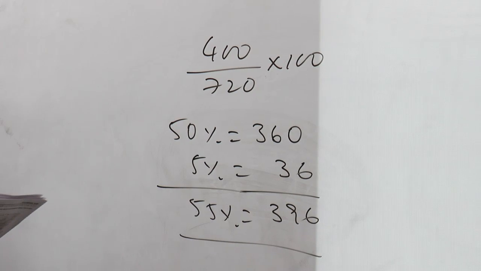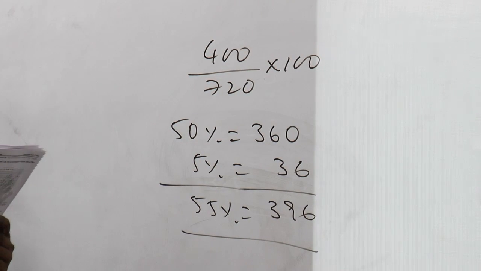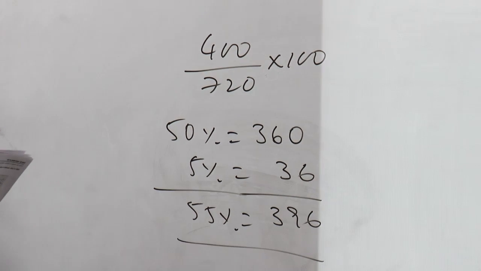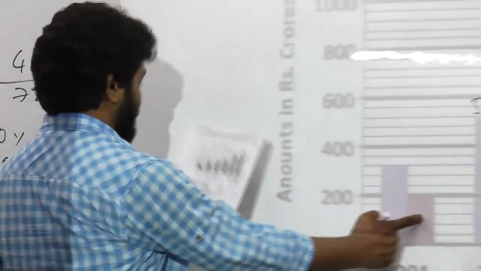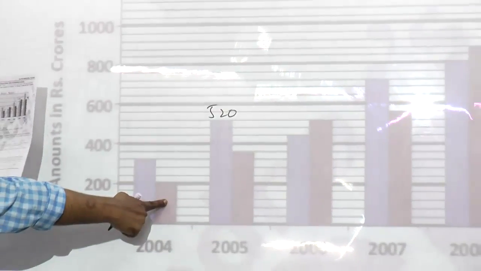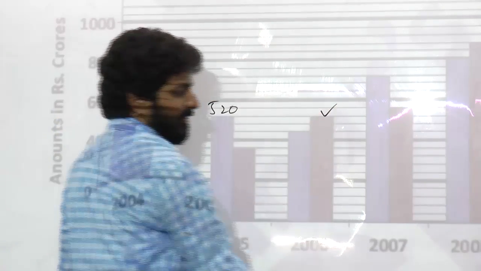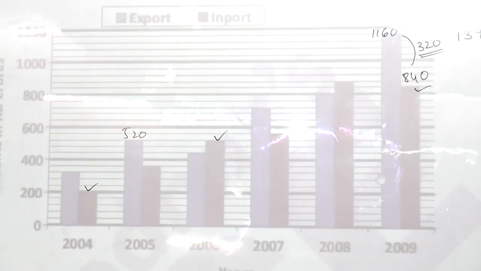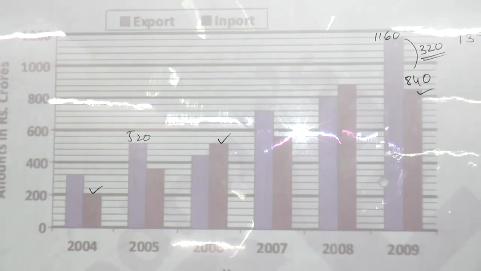Next. What is the respective ratio between total import of country T in 2004, 6, 9 and export in 2005, 7, 8? Import, the second one. 2004, 6, 9.